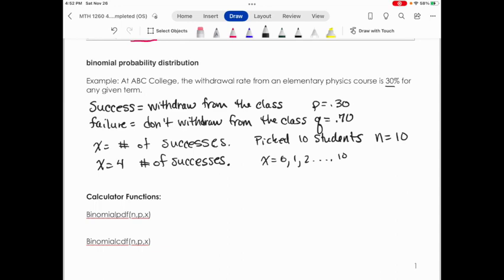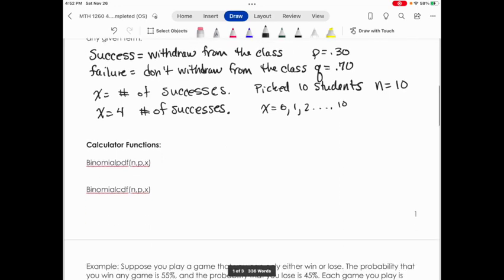Now, when we're computing probabilities based on the binomial distribution, there is a formula for that. However, in this class, I like to use the calculator as much as possible to save you the arithmetic. The calculator functions we're going to use for the binomial distribution are these two: the binomial PDF and the binomial CDF.